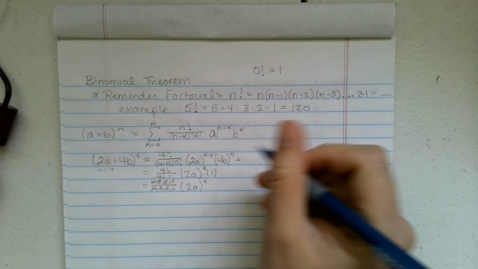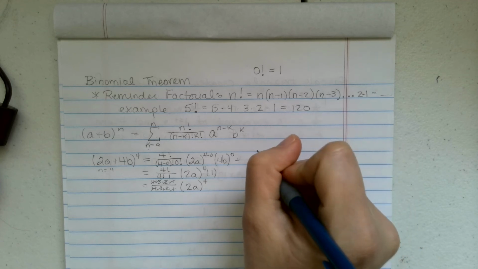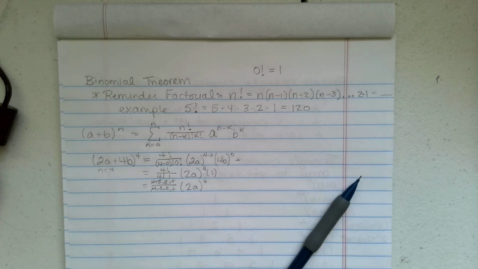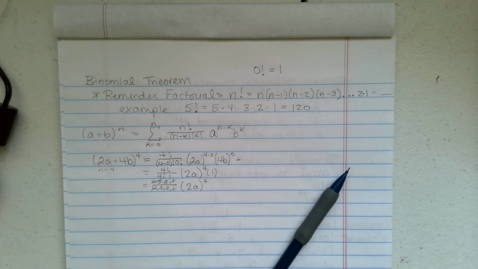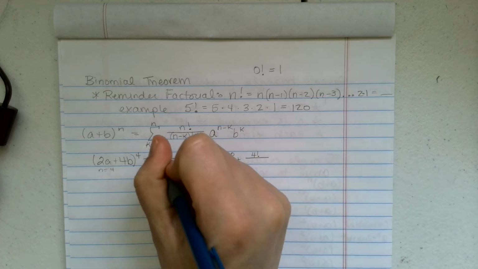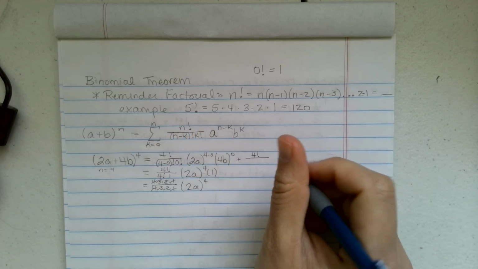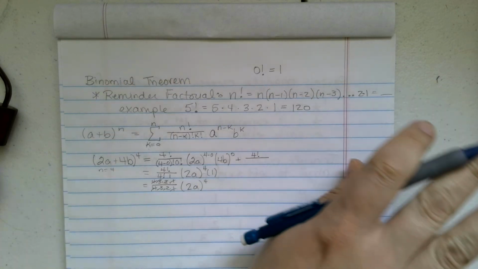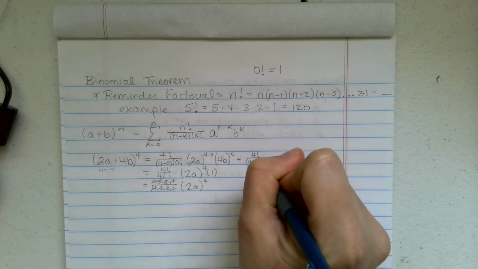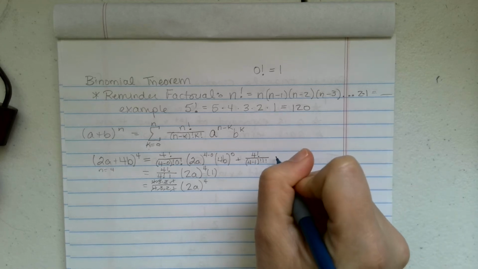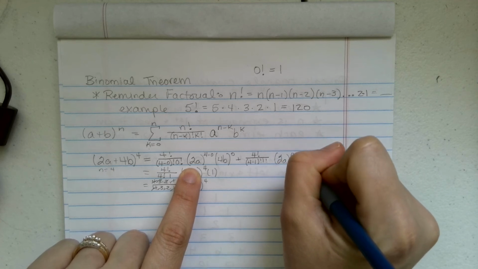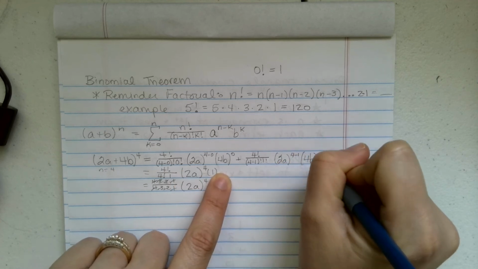So our first term here is just 2a to the 4th. Let's do the second term. The second term will be when we have 4 as n. So 4 factorial, and k goes up to 1. Okay, so k is going to increase as we proceed through the process. So now we have 4 minus 1 and 1 factorial. And then we have 2a to the 4 minus 1 and 4b to the first.